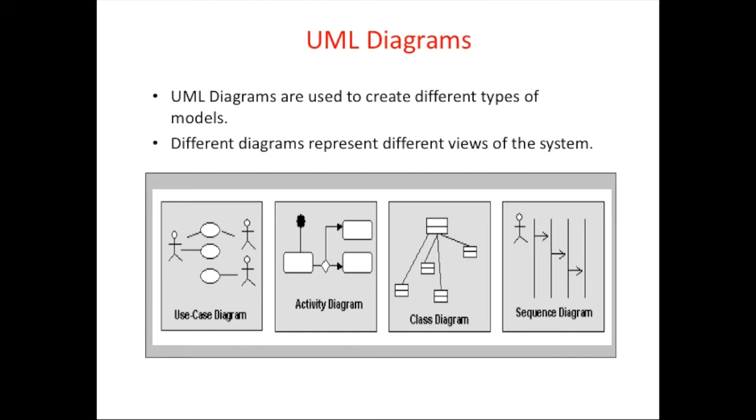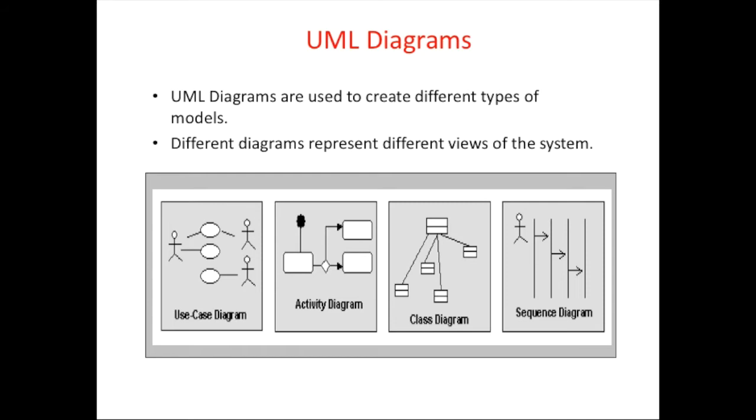UML diagrams are used to create different types of models. We develop these diagrams to represent different views of the system. Some of them are as follows: use case diagram, activity diagram, class diagram, and sequence diagram. These are described later in the lecture. For example, a use case has a primary or secondary actor which will interact with the system through different use cases.